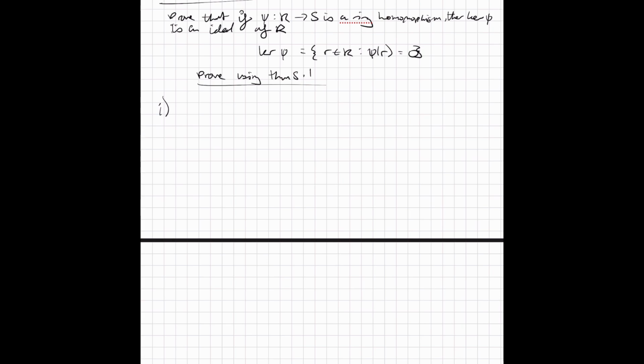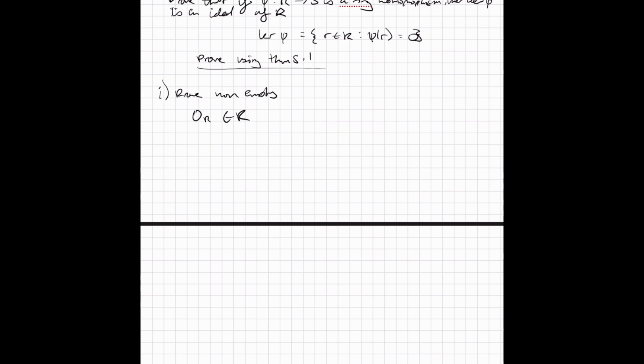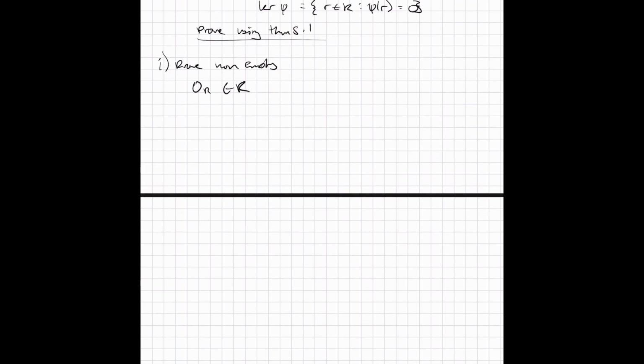And the first step is to prove that the set is not empty. So start with saying that 0R is in the ring R, and then psi of 0R is equal to 0S, shown in exercise 11a, and then 0S is in the set, so therefore the set is non-empty.